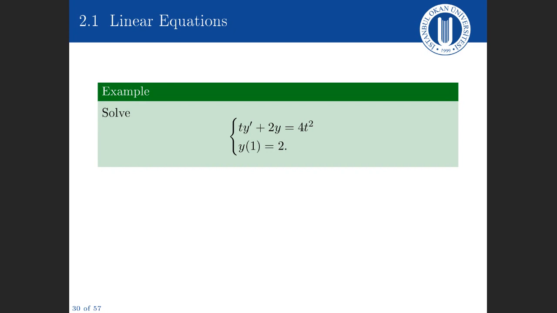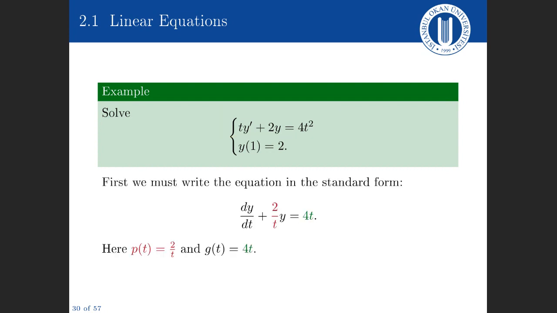Now the first thing to note is our equation doesn't look like the standard equation. This doesn't look exactly like y prime plus p of t y is equal to g of t. First thing we need to do is rearrange this equation so it does look of that form. So the first thing to do is to divide everything by t so that we get dy/dt plus 2 over t y is equal to 4t.